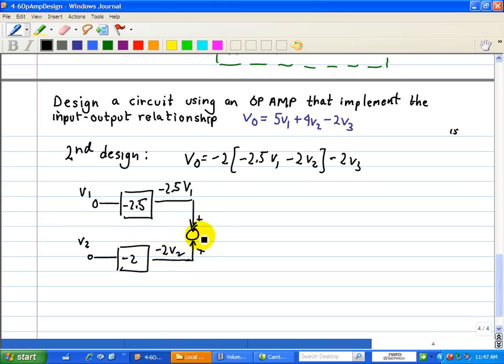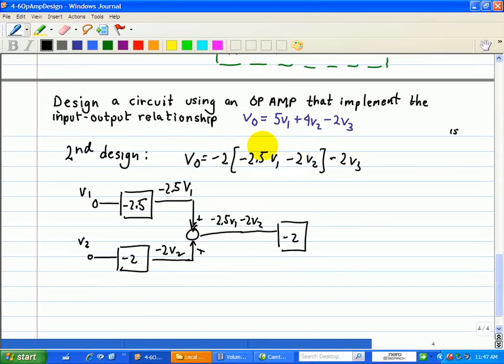This is a summer, so the output of this summer is -2.5 V1 minus 2V2. Okay, and we're going to amplify this by -2 from the output shown in this relationship here.